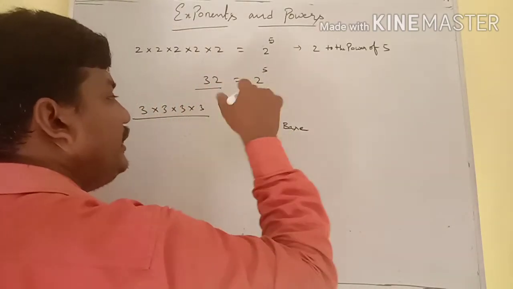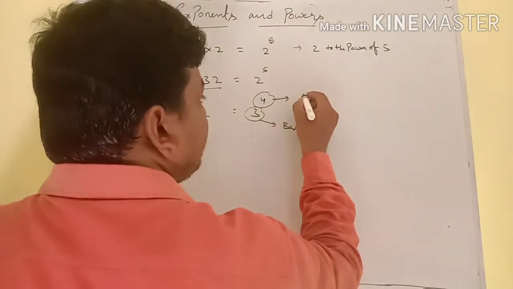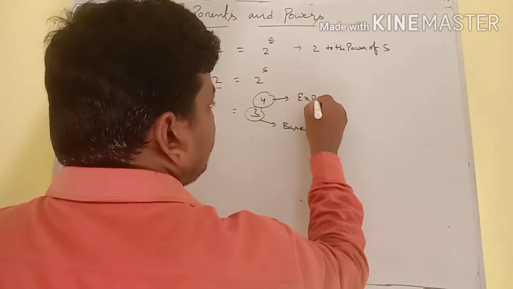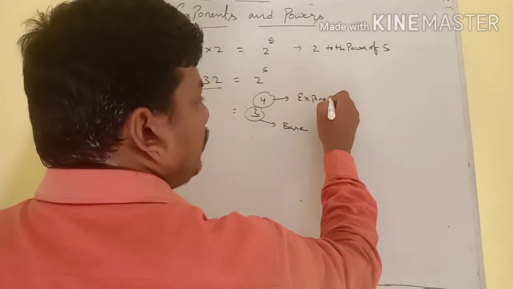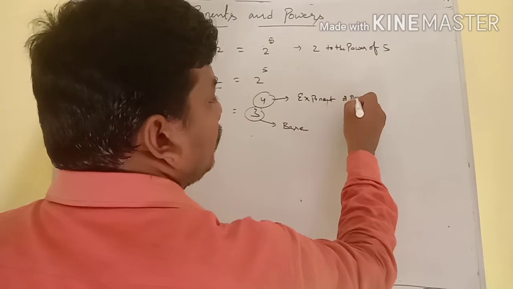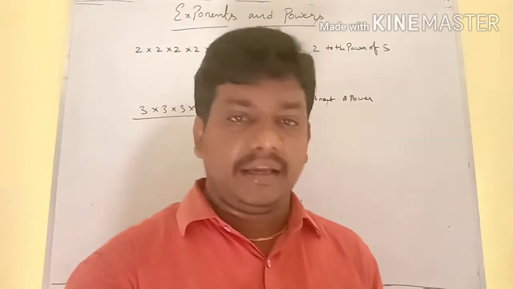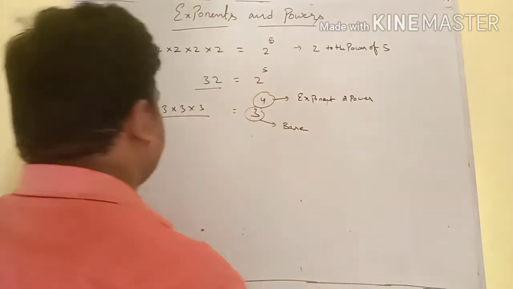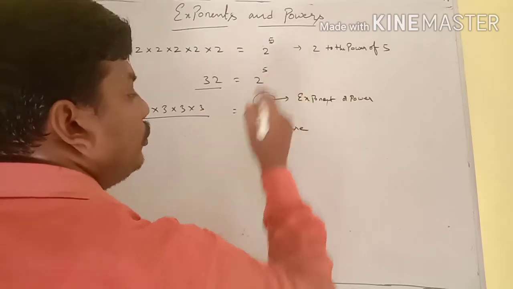The number of times it is repeatedly multiplied is the exponent, or power, or index. Also indices.